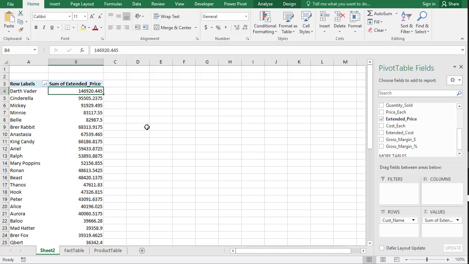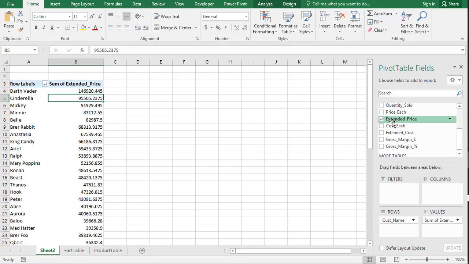No, because it doesn't deal with dollars. Quantities don't make money, right? They don't pay the bills. It's the dollars that are associated with the quantity. So you have to be careful. Even though it worked out in this file that the highest quantity also belongs to Darth Vader for highest price, it might not always work that way. For example, Mickey had the second highest quantity before, but now Cinderella, according to pricing, is the second highest.